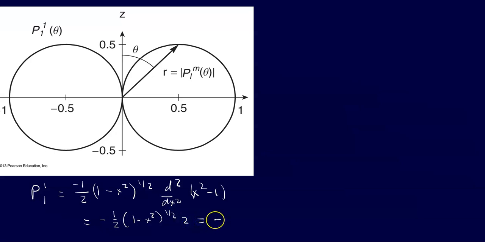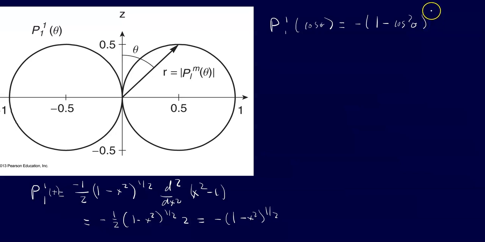So altogether, negative 1 minus x squared to the 1/2 power. Now, to make this a little bit more clear, we've been dealing with these polynomials as a function of x just to get used to them. But when we're talking about the situation with spherical coordinates, the associated Legendre polynomial is going to be a function of cosine. So what that means is we just take that formula I just wrote and write 1 minus cosine squared of theta, to the 1/2.